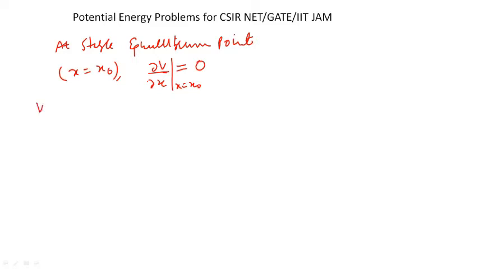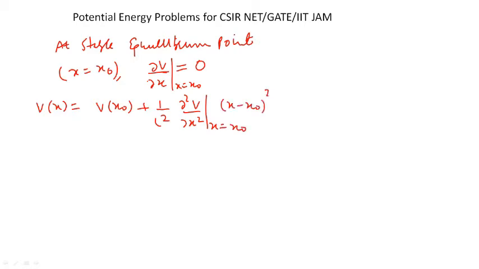So your Taylor expansion now can be written as Vx is equal to Vx0 plus 1 upon factorial 2 del 2v over del x2 at x equal to x0, x minus x0 whole square plus, and so on.